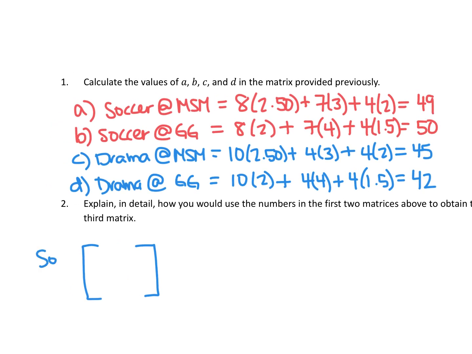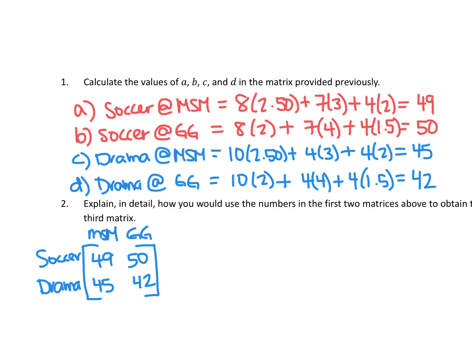So for soccer and then drama, so at Main Street Market, soccer cost $49, and at Grandpa's Grocery, soccer cost $50. For drama, Main Street Market was $45, and drama at Grandpa's Groceries was $42. So this is like our final result, our final matrix.